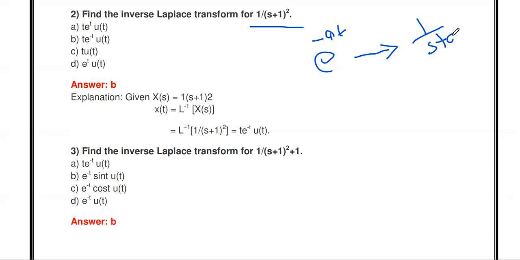And the function t, the ramp function, has the Laplace transform 1 divided by s squared.